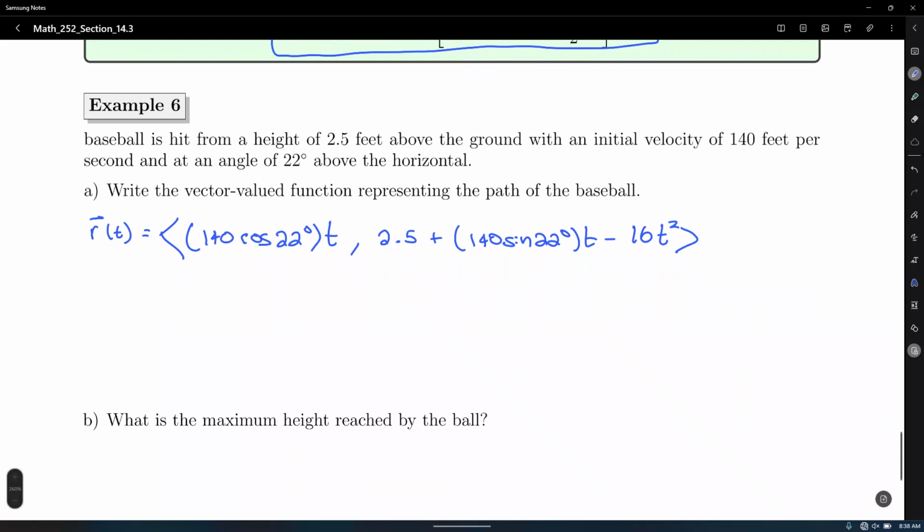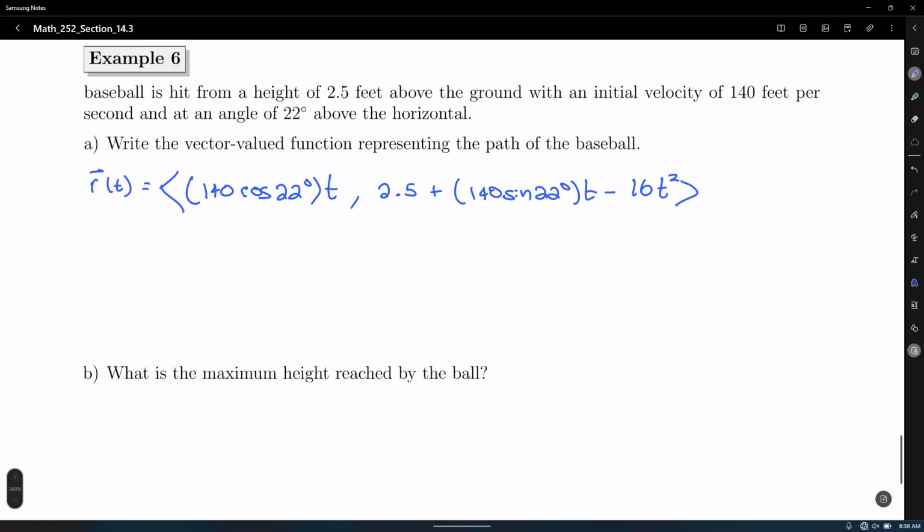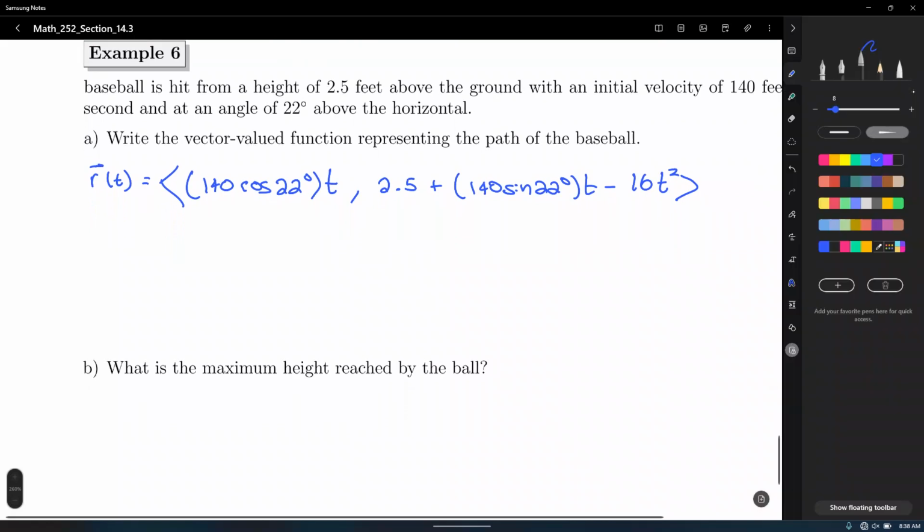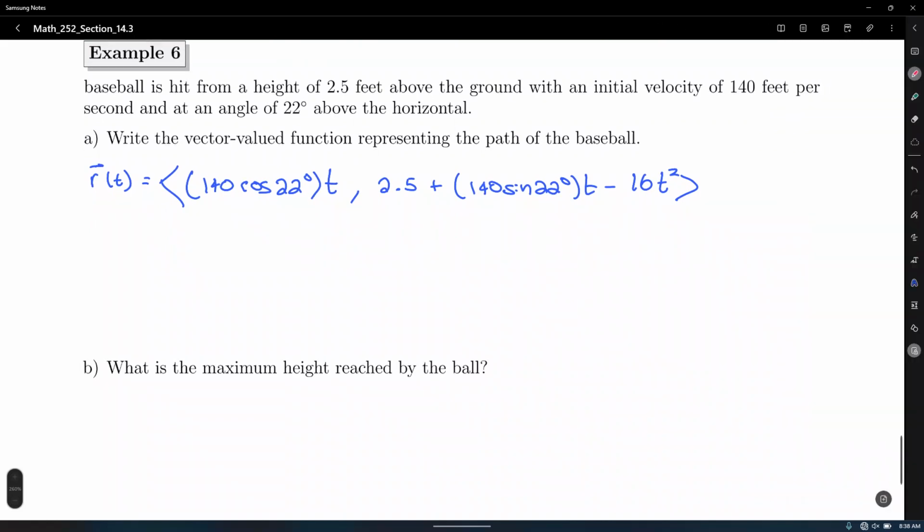What is the maximum height reached by the ball in this case? Any ideas? How do we get that maximum height? When the velocity equals 0, but here we need to be very specific about which component of the velocity, because we have the horizontal component and the vertical component.